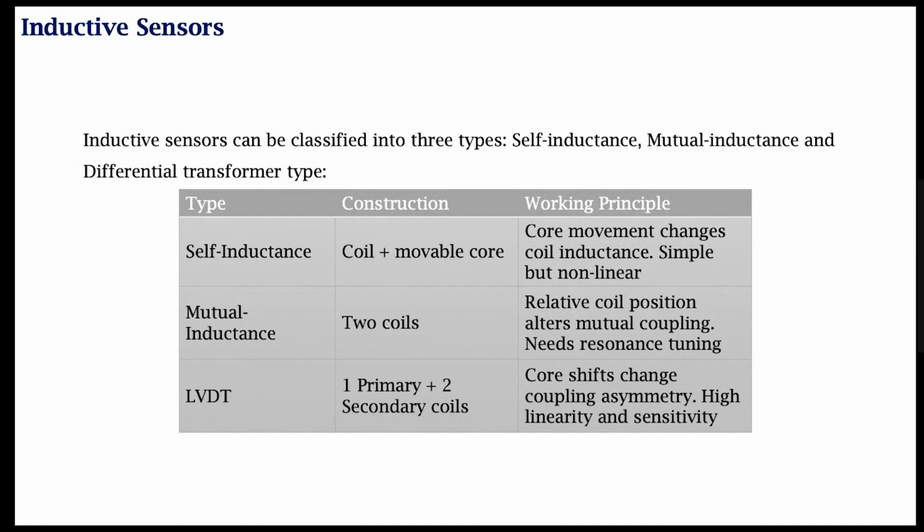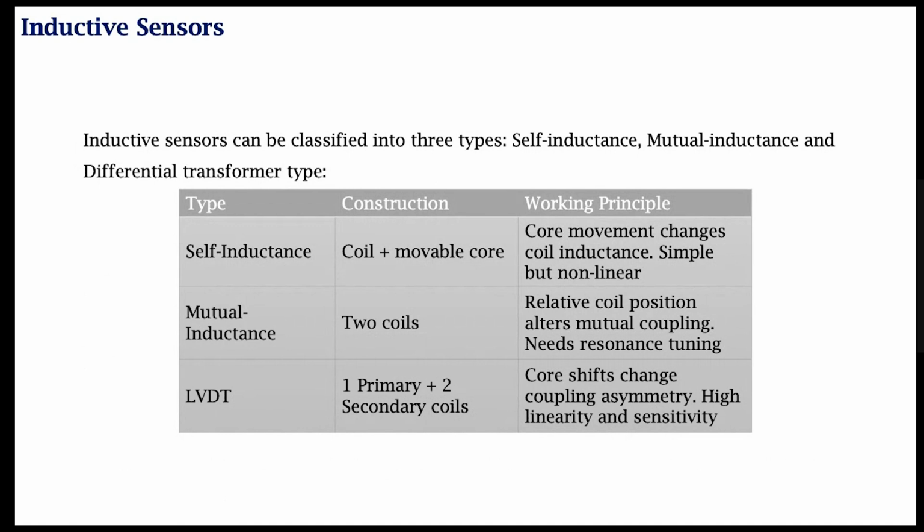Now, it essentially induces equal voltages in the dual secondary coils when the core, usually made of a ferromagnetic material, is kept at the center between the two secondary coils.